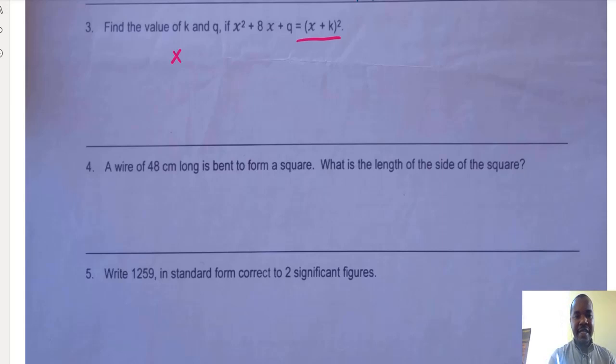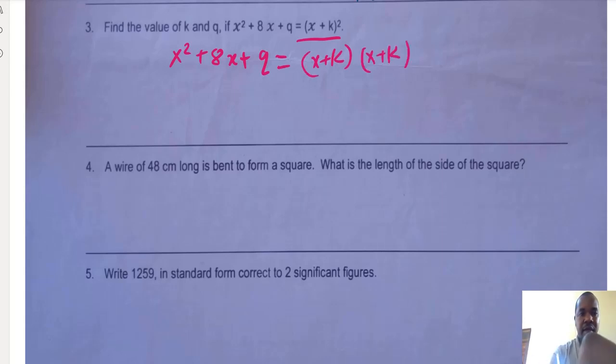So x squared plus 8x plus q equals (x plus k) squared, which is x squared plus 2kx plus k squared.